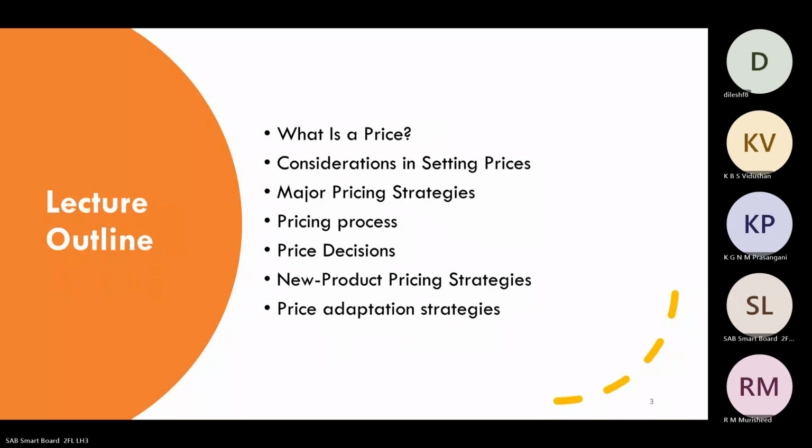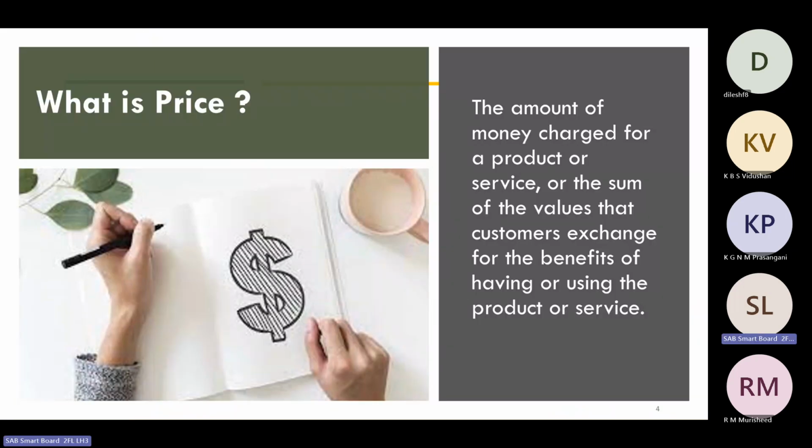Price, the basic idea behind it, is any amount we pay as consumers, or any amount charged from us when we are buying a product or service from the market. It is the amount of money charged for a product or service, or the sum of the values that customers exchange for the benefits of having or using the product or service.